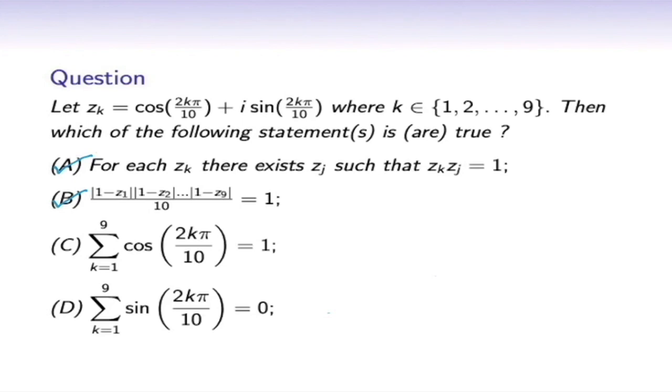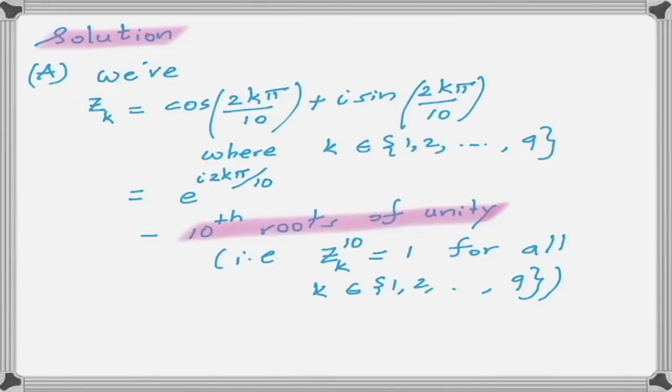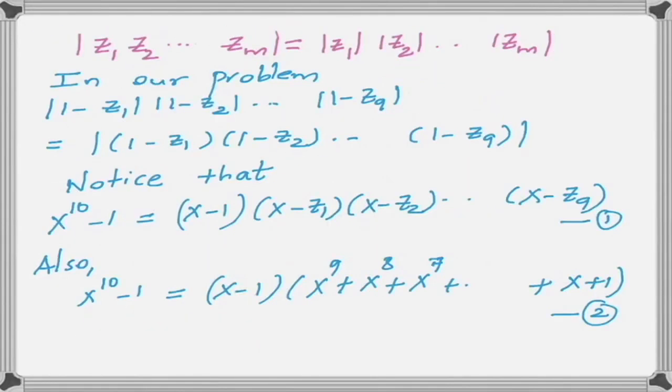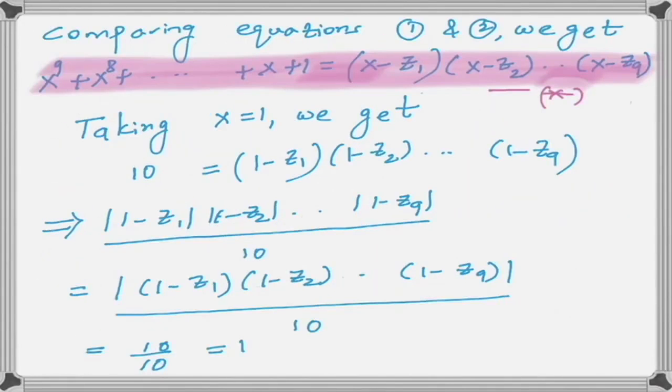Let us consider the options C and D together. For this, we will compare the coefficient of x^8 in the equation star displayed in this slide. The coefficient of x^8 on the left hand side is 1, whereas the coefficient of x^8 on the right hand side is minus of (z1 plus z2 and so on up to z9).